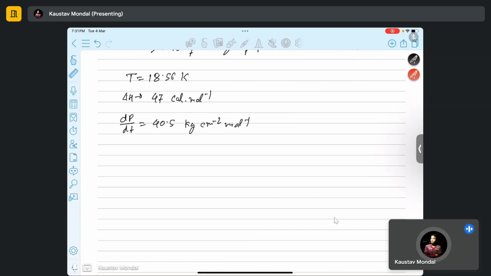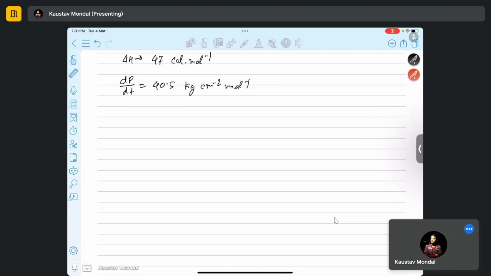We have to simply convert dPdt. So I have to convert all the units. Centimeter square has to be converted into meter square, because we have to convert it into the suitable pressure unit.